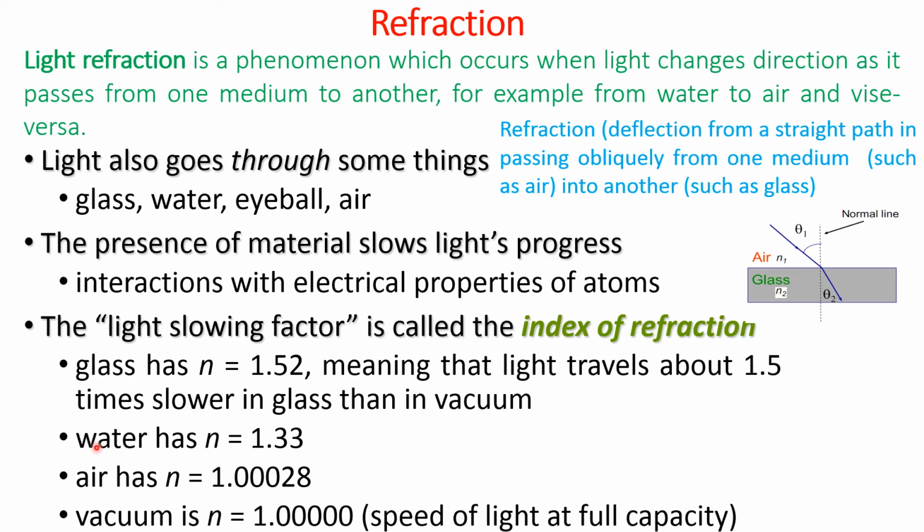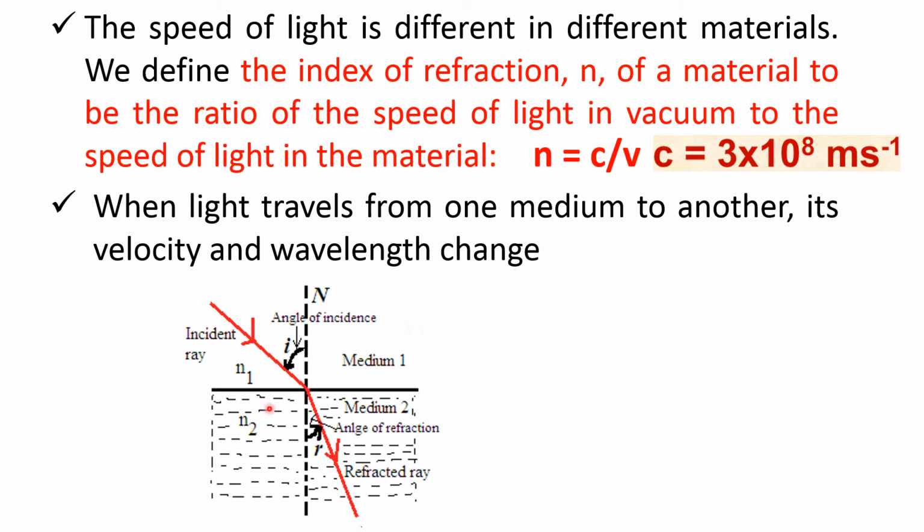The index of refraction of water is 1.33, and that of air is 1.00028. Then in this phenomenon of refraction of light, we consider two media, medium 1 with index of refraction n1 and medium 2 with index of refraction n2.